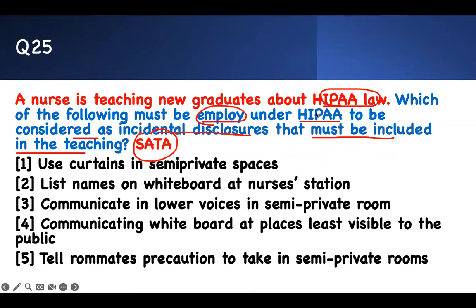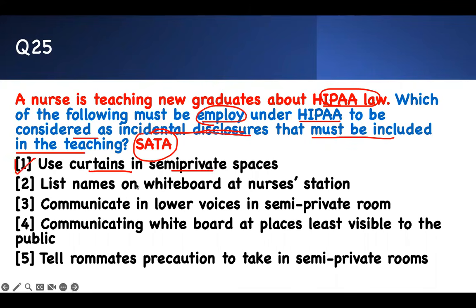They say HIPAA, but which one can I do to ensure incidental disclosure? That means I can violate HIPAA and consider it incidental. It happened accidentally. I did not plan to expose that individual's information. But if I took precautions and it happened, I'm good. If you use a curtain and the roommate hears it, you are good. Use curtains in semi-private spaces.